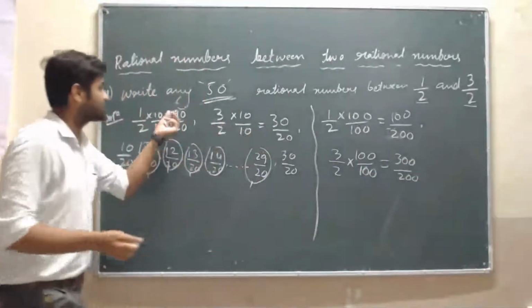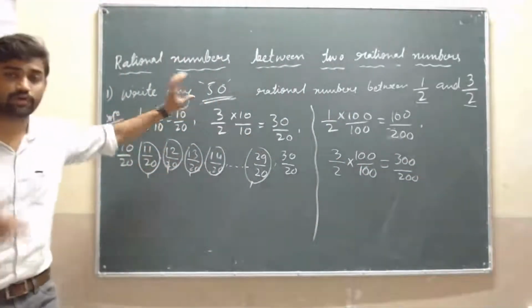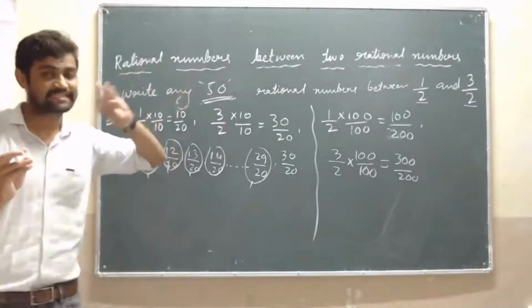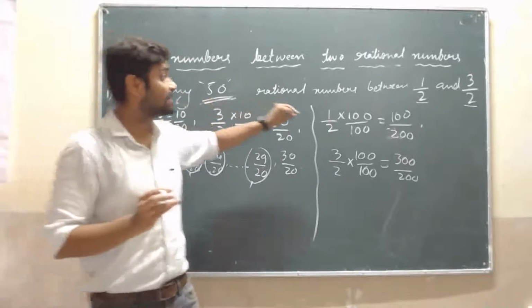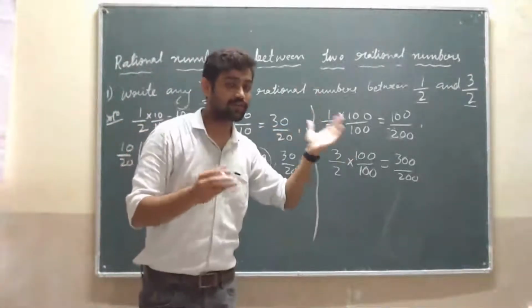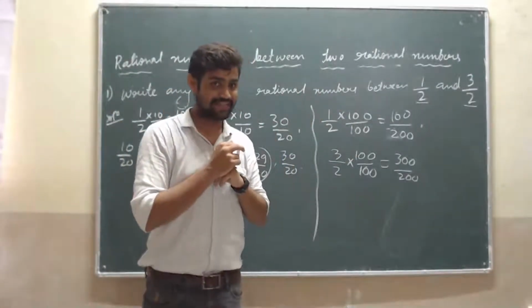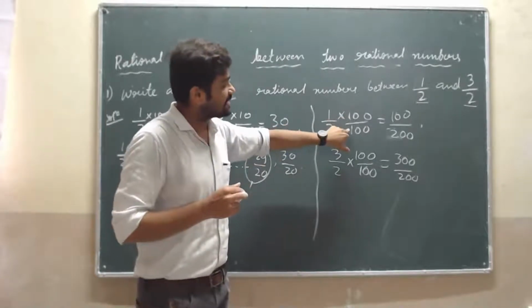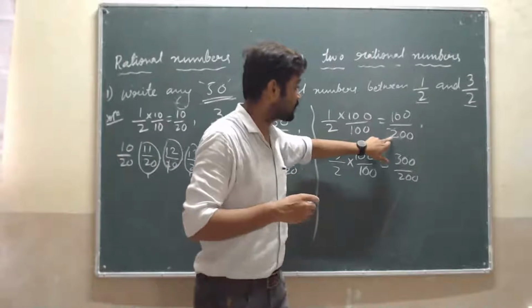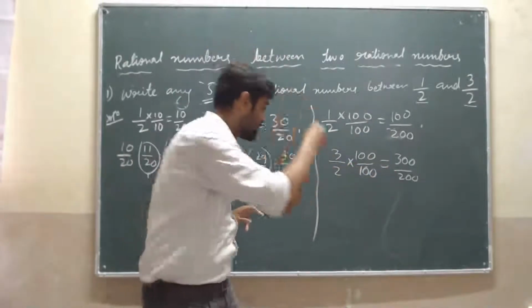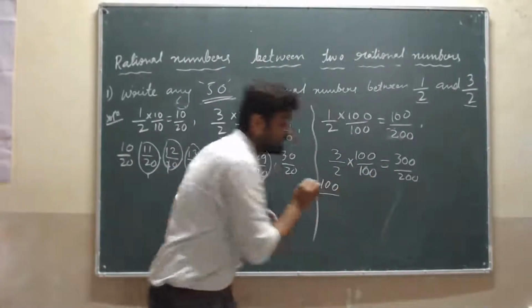Simply, we did 10 by 10 because he asked only 5 rational numbers. Here he asked 50. What we have to do? We have to take a bigger number, then we will get more rational numbers. Isn't it? Yeah. Then multiply and divide by 100, so we will get 100 by 200 and 300 by 200. So write any 50, he has asked.